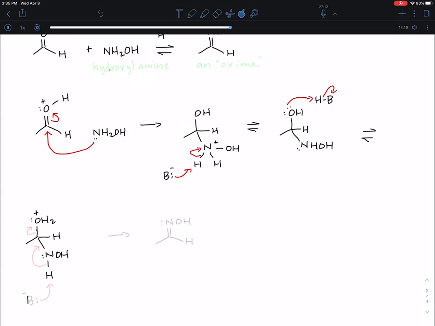I've got my conjugate base because I just used the acid, right, to protonate the hydroxyl group. So I've got its conjugate base here. Now these electrons are going to come down, form that carbon-nitrogen double bond, and water is going to leave. What are we left with? Our oxime.